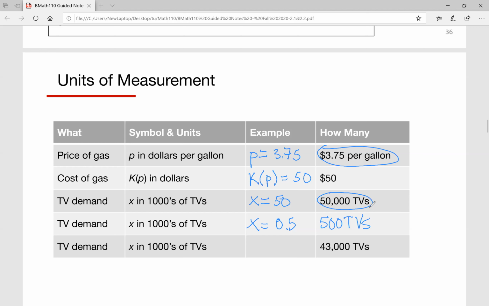And now if how many here is 43,000, then x has to be equal to 43. Okay, so let's move to the next page.